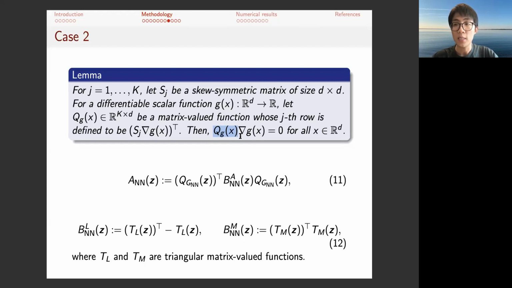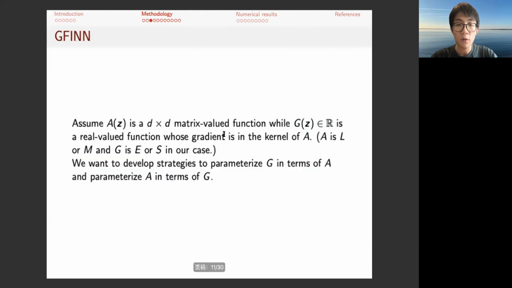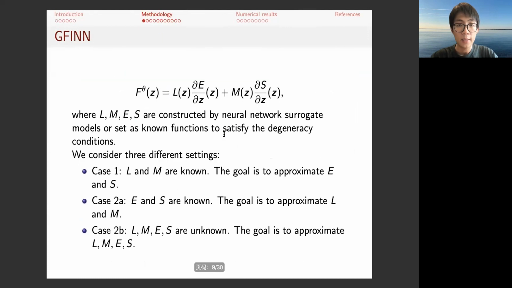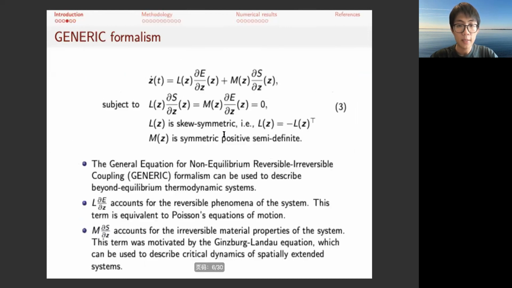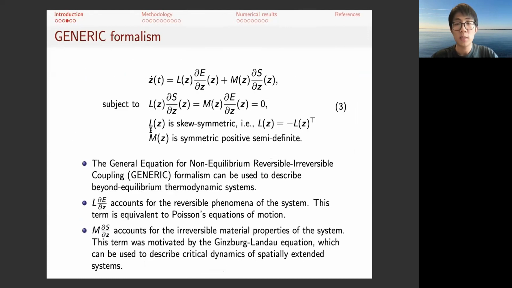It's not going to be satisfactory because there is another condition in the generic formalism, like here, saying that L has to be skew symmetric. And if we just parameterize L as QE, then this condition will not be satisfied.